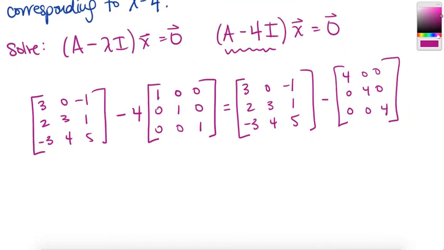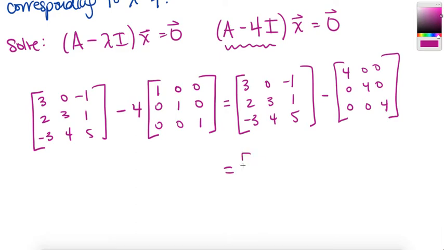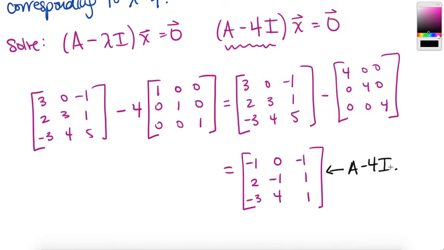Now we want to figure that out, so you just do entry by entry. 3 minus 4 is negative 1. 0 minus 0 is 0. Basically the upper right corner and the bottom left corner don't change because they're all minus zeros. So 2, negative 3, 4, and that 1 don't change, but here 3 minus 4 is negative 1, and 5 minus 4 is positive 1. So this is A minus 4I.